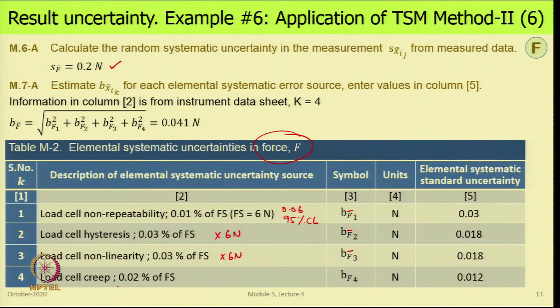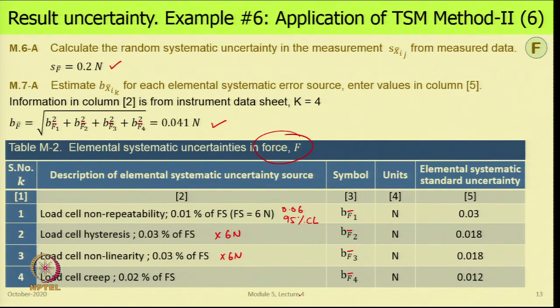And the fourth one is due to creep, which is 0.02% of full scale, and this we get as 0.012 newtons. So, this is BF4 bar. So, we put all these values in this relation and our value is 0.041 newtons, that is the systematic standard uncertainty in the force measurement due to the load cell.